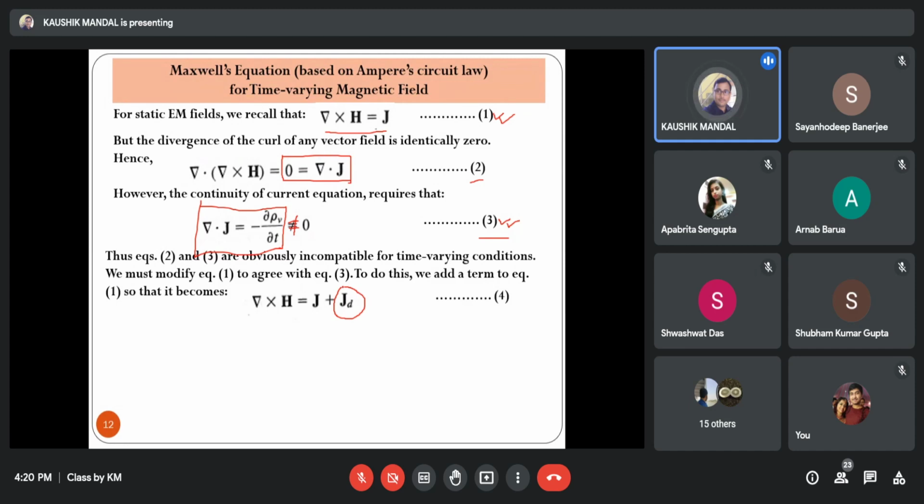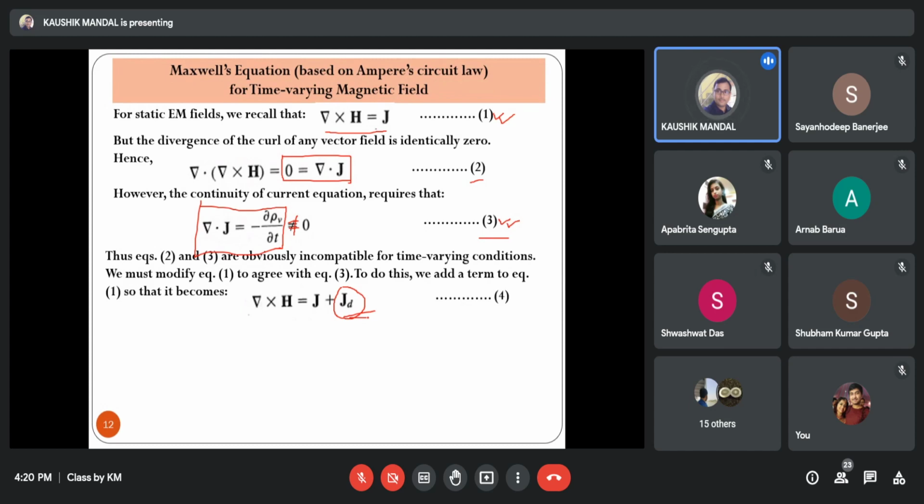To overcome the incompatibility between equation 2 and 3, we are now modifying this basic Maxwell's equation for the static magnetic field, that is curl H equals J, by adding one extra term.